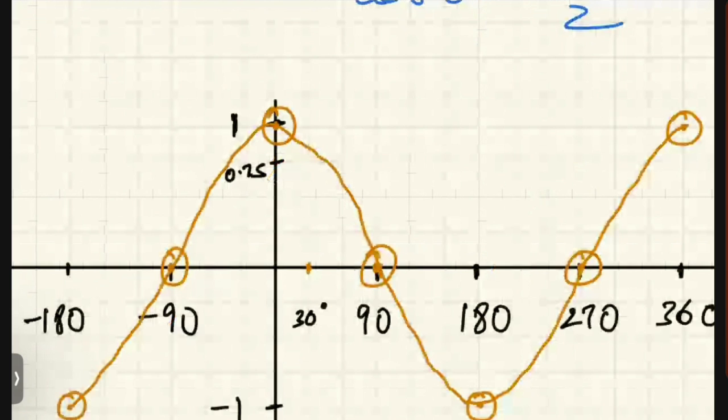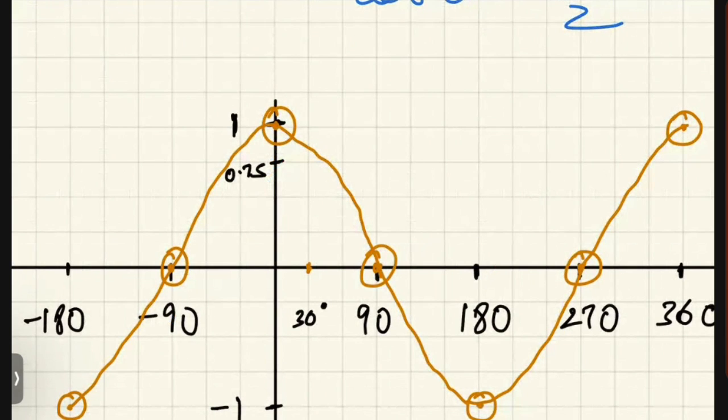Let me zoom in more. This is the value where it meets at 30 degrees. So you drop a perpendicular here. Wait, I think I know the answer for this one. Let's understand the technique.